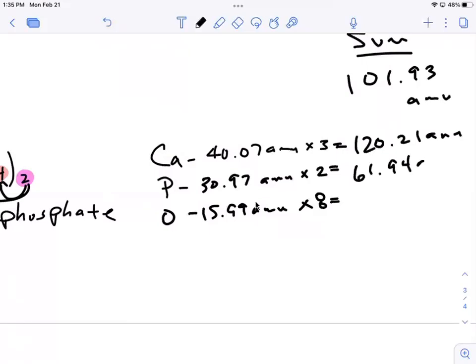Yes, sir. AMU. And for oxygen, 15.99 times 8. Somebody give me that number real quick. 127.92. 127.92 AMU. So we're going to sum those up, and that'll give us our formula mass or formula weight for calcium phosphate.